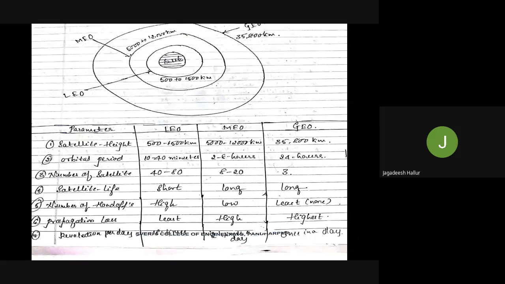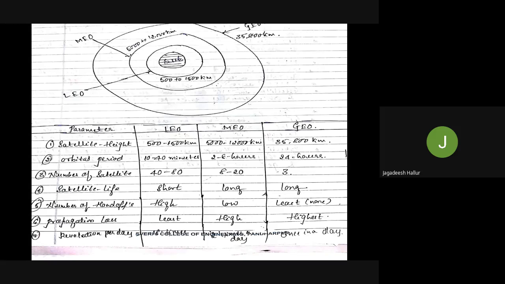See the arrow mark, medium Earth orbit. The height is 5000 to 12,000 kilometer. And the last is geostationary Earth orbit. The height is 35,800 kilometer.